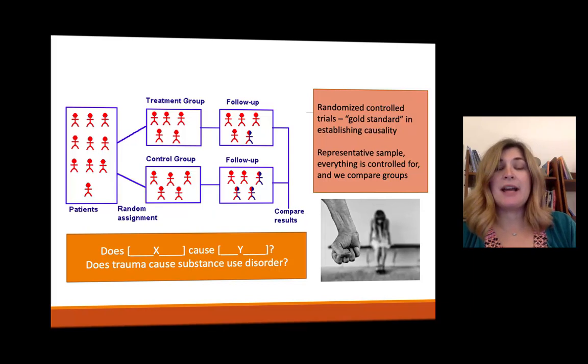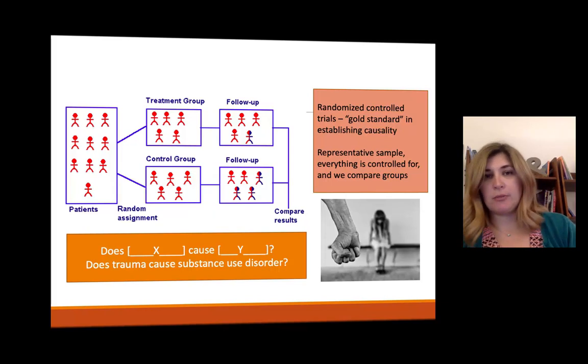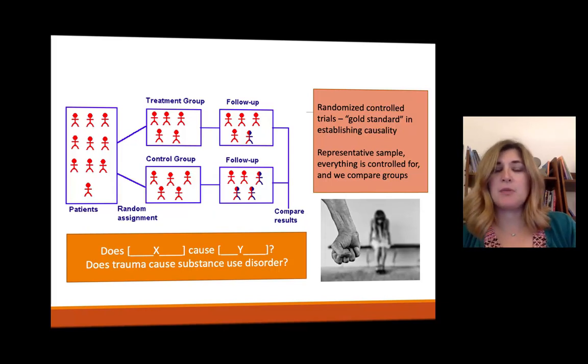So basically, the hypothesis was, does X cause Y? Does the treatment cause substance use disorder? Now, this comes with difficulties in the social sciences because we can't necessarily give addiction to a certain group and not give it to another group, right? This comes with ethics. So typically what we're measuring is not an actual randomized control group.